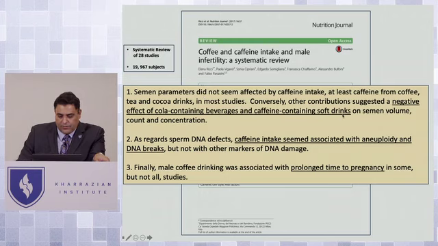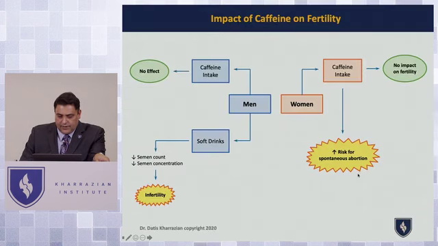Conversely, other contributors suggested a negative impact from cola-containing beverages and caffeine-containing soft drinks. So they didn't find coffee or tea made an impact, but soft drinks definitely did. As regards sperm DNA defects, caffeine intake seemed associated with aneuploidy and DNA breaks, but not with other markers of DNA damage. Finally, male coffee drinking was associated with prolonged time to pregnancy in some but not all studies.